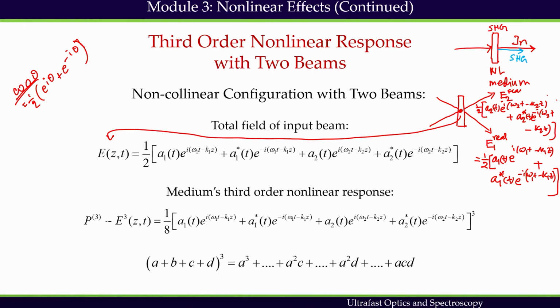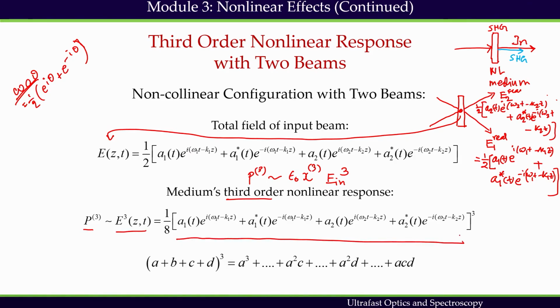Now if I consider the medium's third order nonlinear response, which means I will consider only third order process, which is nothing but epsilon naught chi 3, the third order susceptibility, multiplied by E to the power cube. I can express the third order process approximately as the cube of the total electric field.